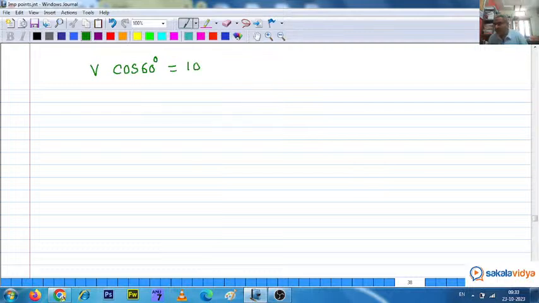From this we can find out the velocity of the bird. Once again remember, cos 60 degrees is equal to 1 upon 2. Clear? So now you can write v times 1 upon 2 equals 10.